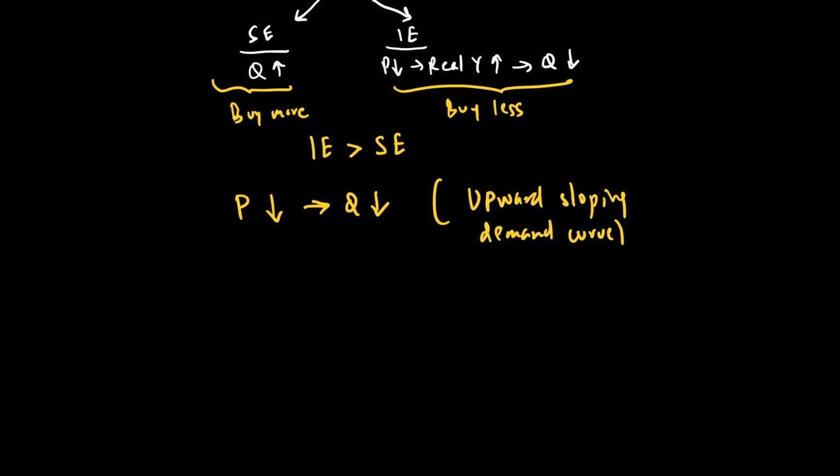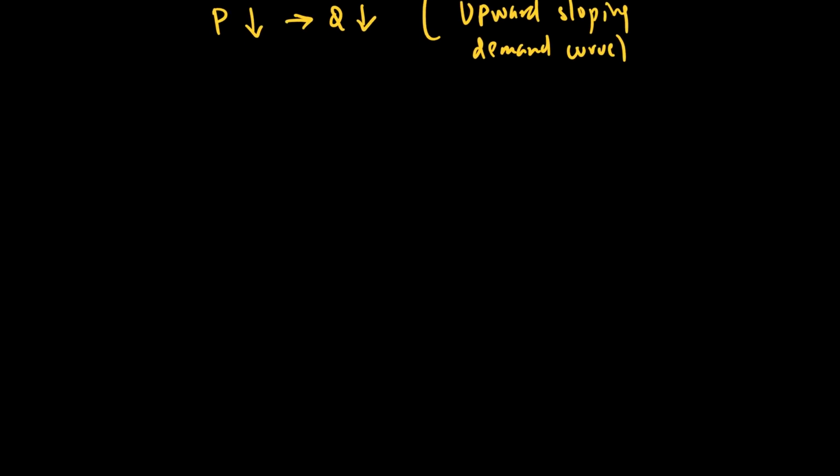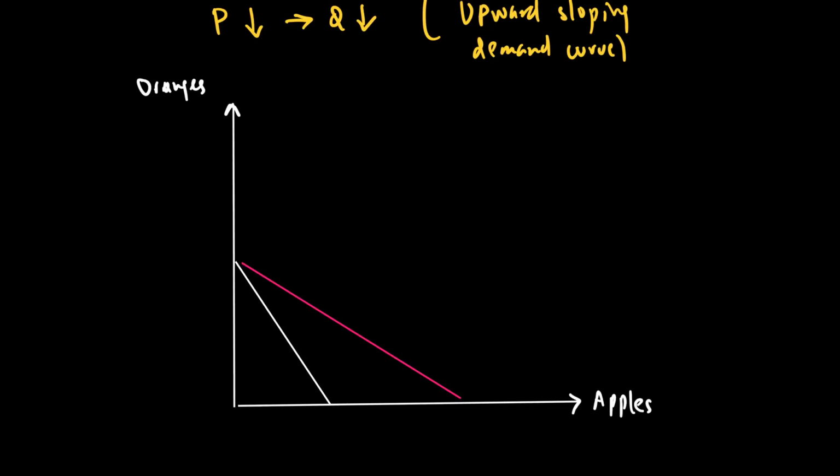So how do I show that in terms of our indifference curve? Let's draw the diagram quickly. Following the same steps, you can see that the budget line was previously the white line, and when the price of apples goes down, we move to the pink budget line.